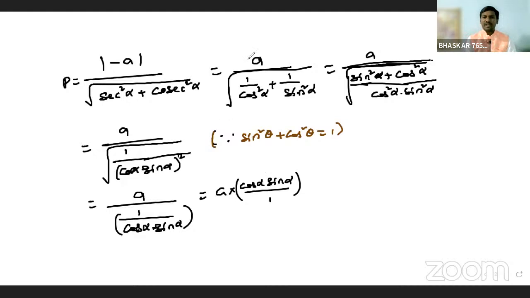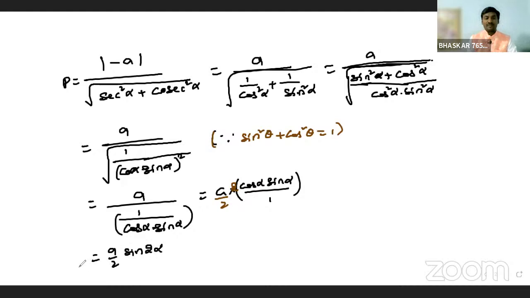We can keep it like this, or otherwise multiply by 2 and divide by 2 outside. So this is equal to a by 2 into 2 sin alpha cos alpha, which is nothing but sin 2 alpha.